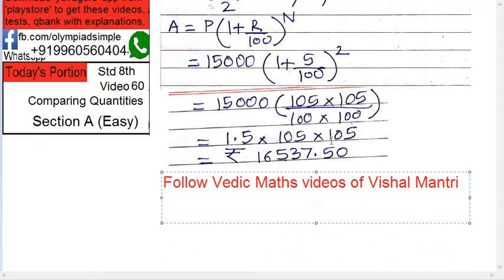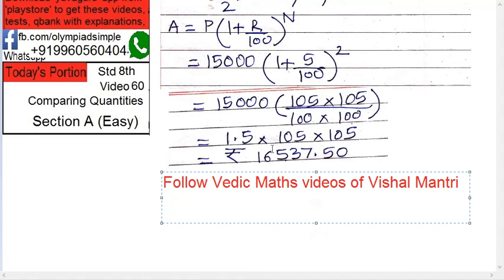It's so easy. So you multiply this and you'll get 16537.5. Always remember, for any multiplication, division, addition, bigger numbers, squares, cubes, there is no alternative to Vedic Maths. Vedic Maths is so easy that you can do it on your fingers only. Nothing else is needed.